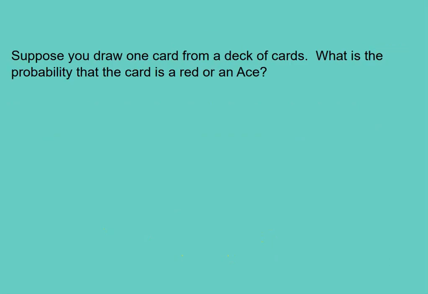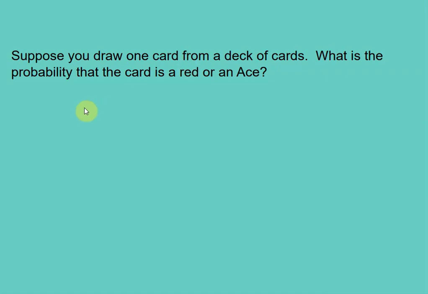Let's try that same thing with another example. Suppose you draw one card from a deck of cards. What is the probability that the card is a red card or an ace? So first of all, what is the probability that you draw a red card? Well, there are 52 cards in a deck of cards, and half of them are red.